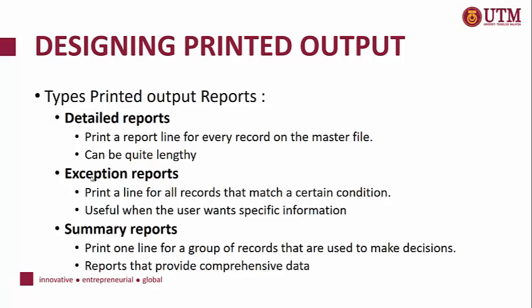An exception report prints a line for all records that match a certain condition, so it's useful when the user wants specific information. A summary report prints one line for a group of records that are used to make a decision, so this report provides comprehensive data.